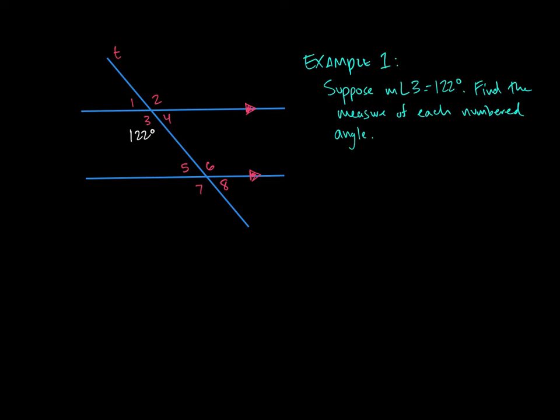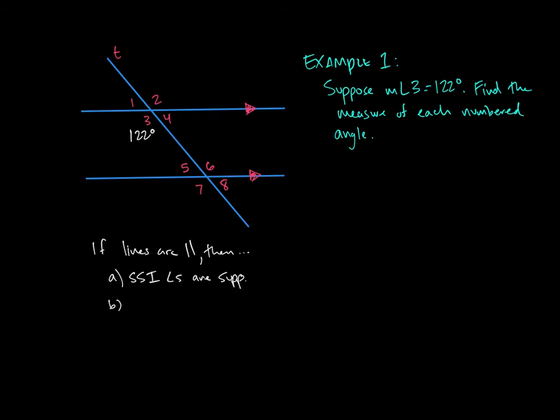So let's real quick review what those postulates and theorems were. We learned that if lines are parallel, that's the symbol for parallel, remember, then first of all, same side interior angles are supplementary.